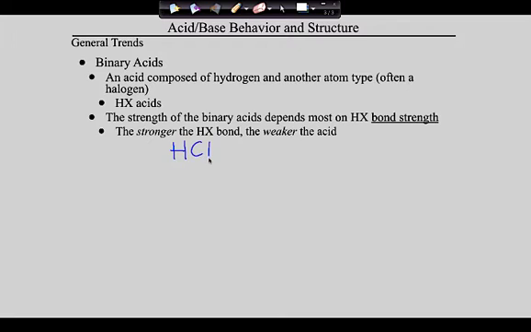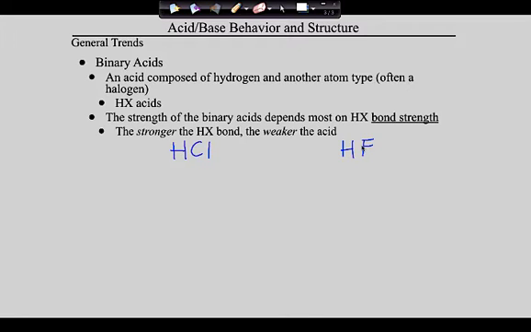Let's go HCl, and let's go HF. What we're going to do is draw the Lewis dot structures for these two molecules, but we're going to draw them in sort of a funny way. Not funny, but we're not just going to draw the valence electrons. We're going to draw all of them.